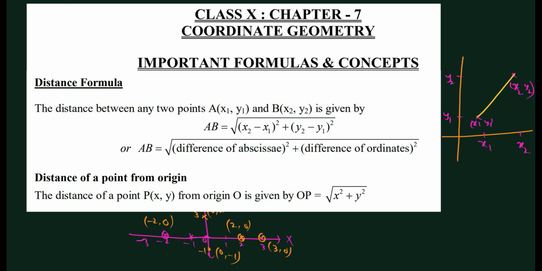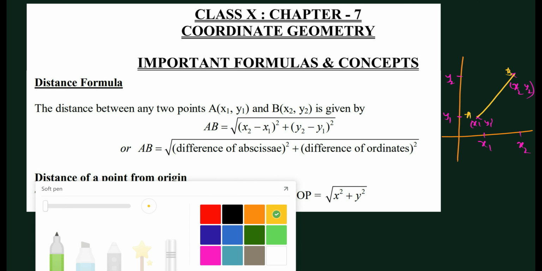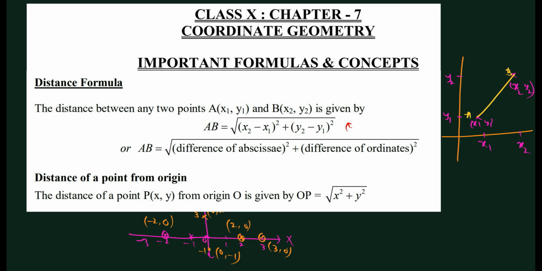Let us say this is the point A and this is the point B. The AB distance we can calculate by using this formula, root over (x2 - x1) whole square plus (y2 - y1) whole square, or we can also write it as root over (x1 - x2) whole square plus (y1 - y2) whole square. So either of these two we can use.